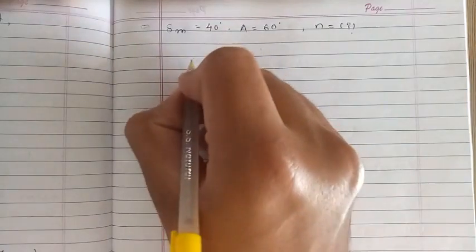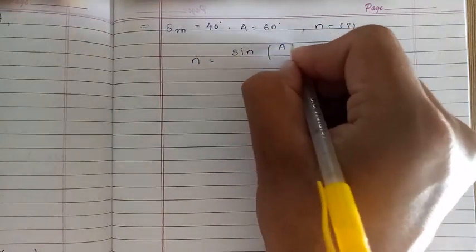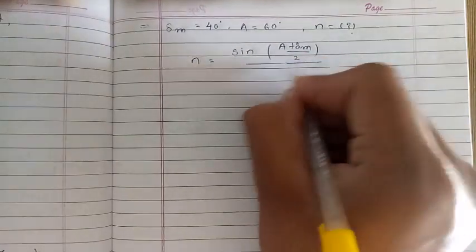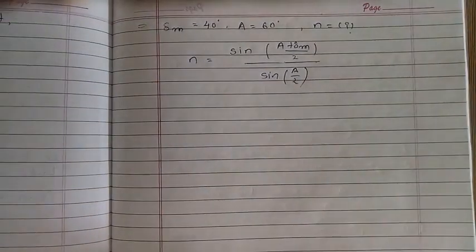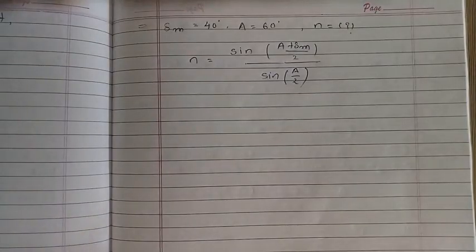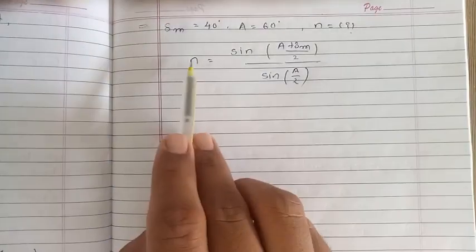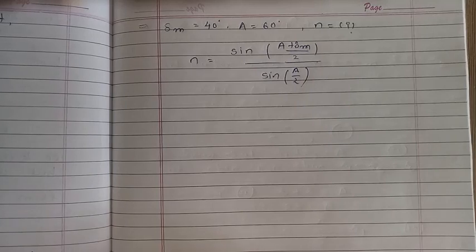So we know the formula n is equal to sin((A plus del m)/2) upon sin(A/2). Here the first medium is air, so we don't write the value of the refractive index of air. n21 is equal to n because we know n1 is equal to 1.